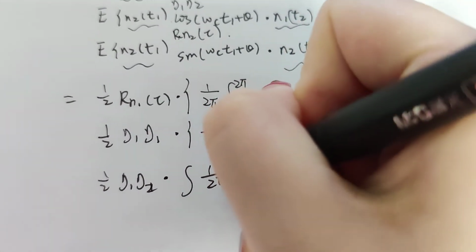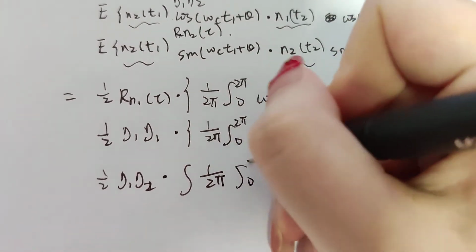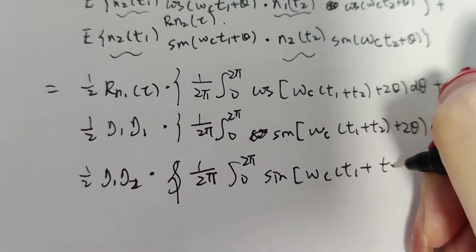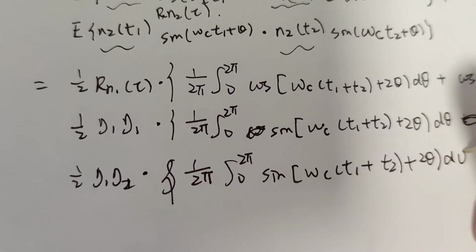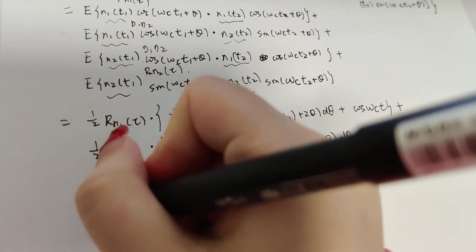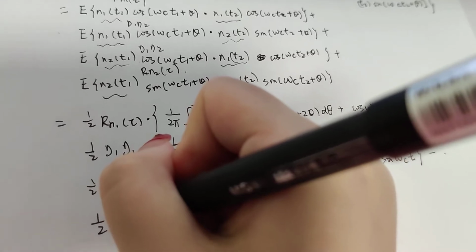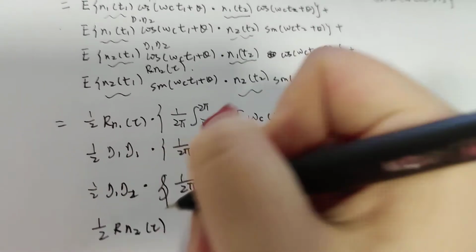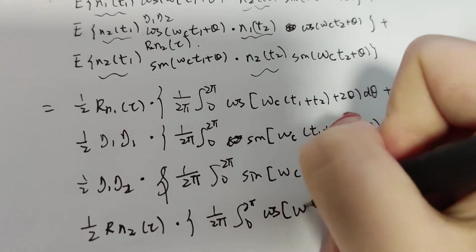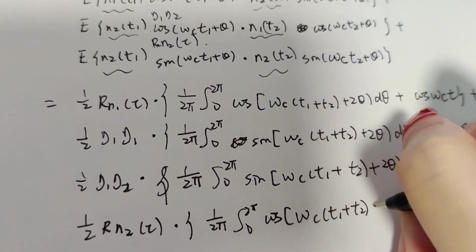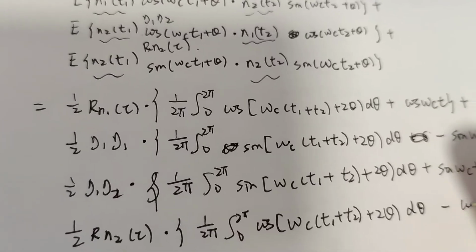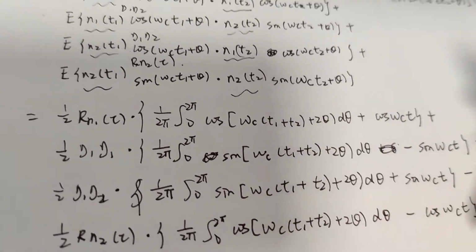Plus 1/2 pi, integral from 0 to 2 pi of sine(omega_c (t1 plus t2) plus 2 theta) d theta plus sine(omega_c tau), minus 1/2 R_N2(tau) plus 1/2 pi, integral from 0 to 2 pi of cosine(omega_c (t1 plus t2) plus 2 theta) d theta minus cosine(omega_c tau).